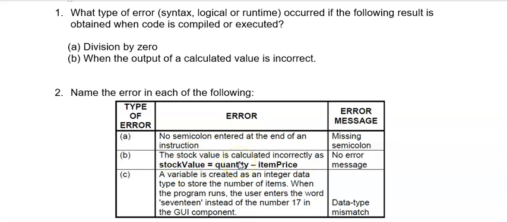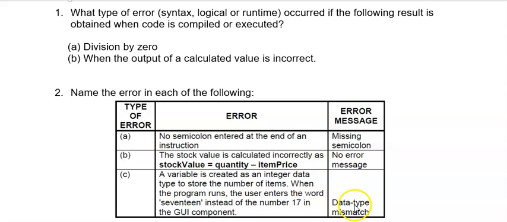The next one says that the stock value is calculated incorrectly. There's no error message related to this. This means it is a logical error. Your calculation was incorrect. This one is rather long to read, but basically what it says is that you're running your program and the user enters the word 17 instead of 17, the number.